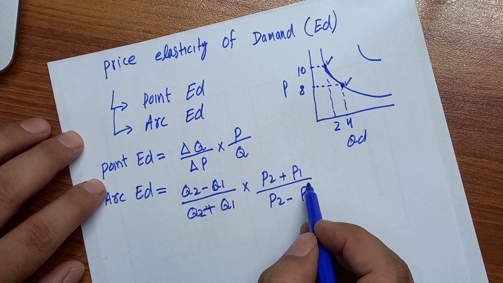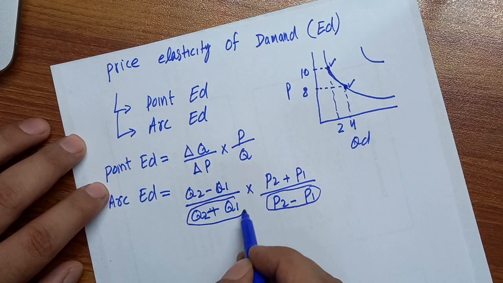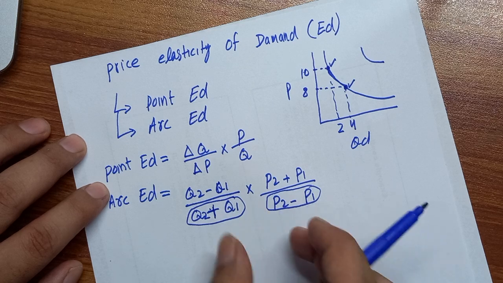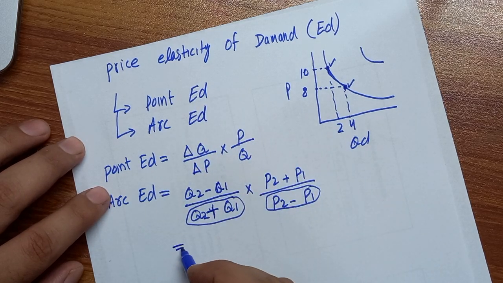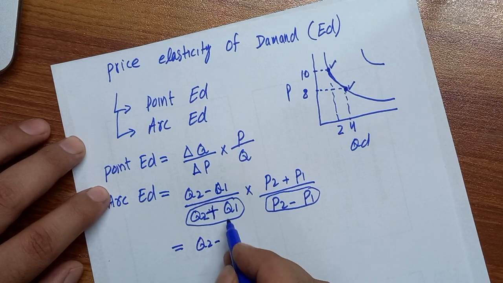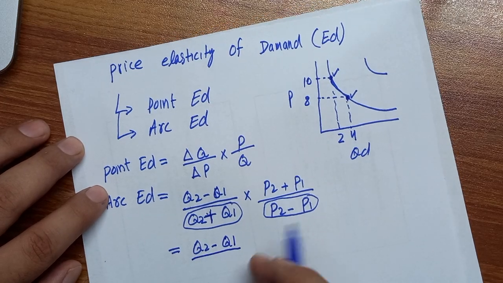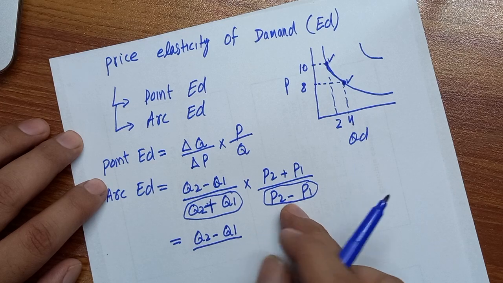So here it contains a negative sign and it contains a positive sign, so we will shift these two values. The above value we will write as it is, Q2 minus Q1, and we are shifting this value to this side because it contains a negative sign.